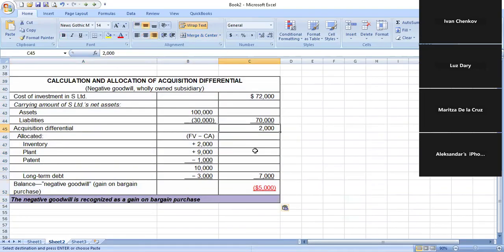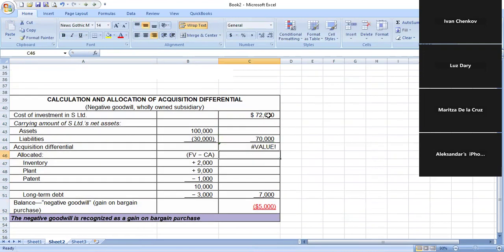Why do I have a negative goodwill? Because here I'm paying 72,000 minus 70. It's going to give me $2,000, right?